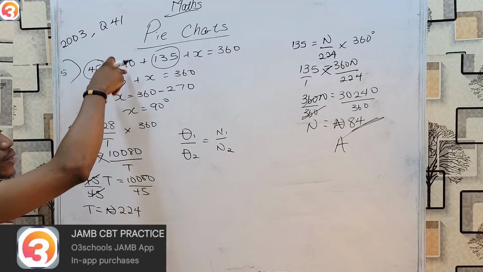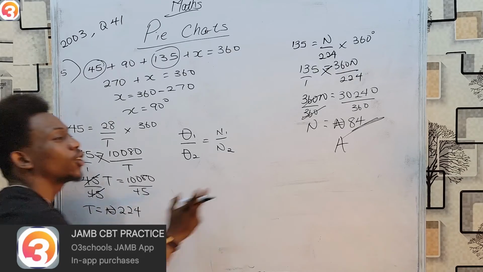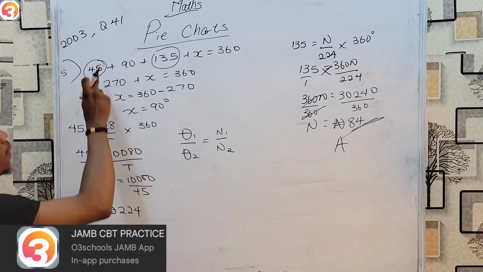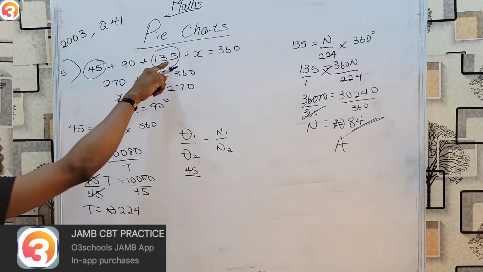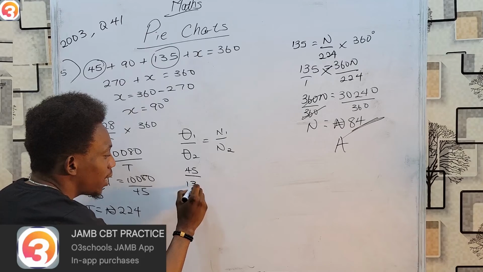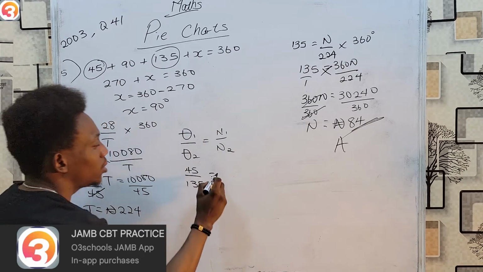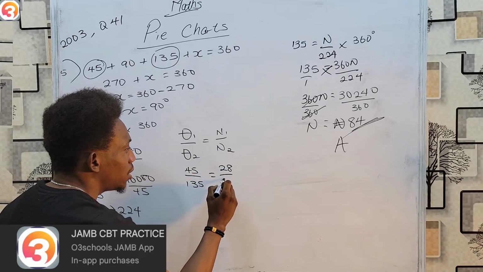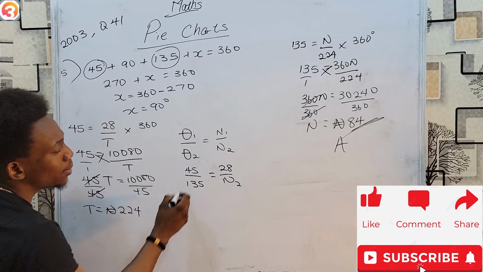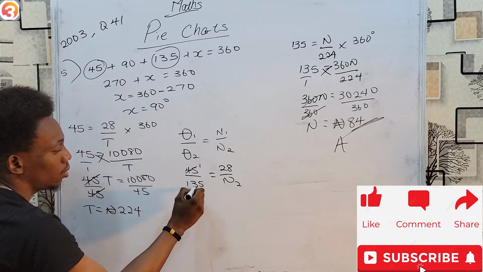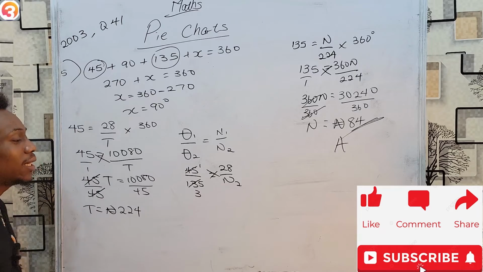Like in this case, rather than do all this solving to find the total first of all, and then come this way, I could just say my smallest, 45, over the biggest angle, 135, would be, how much was the smallest? N1, 28, over the new amount, which I do not know. Okay, if I cross multiply, I could just say 45 here is 1, 45 here is 3. Then I cross multiply.